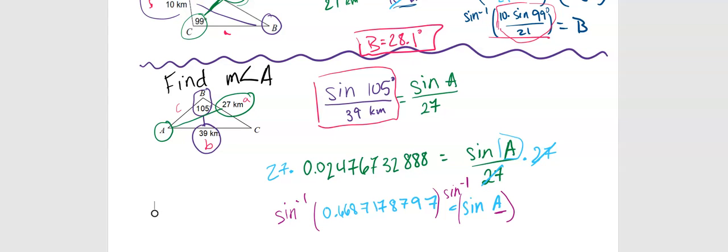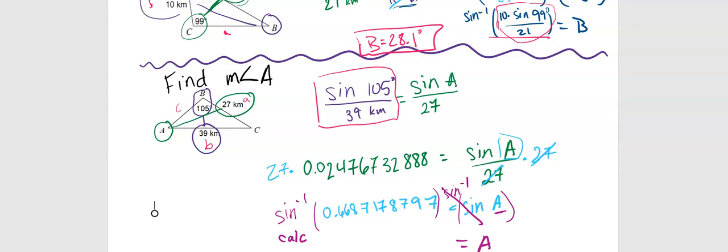Let me start with the right-hand side because I think that's the easiest. Cancels out. I'm left with A. On the left-hand side, you can either type this entire thing into your calculator, or this is the pre-recorded answer. I'm going to just quickly write this right here.